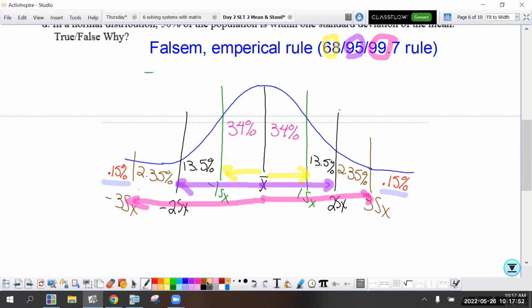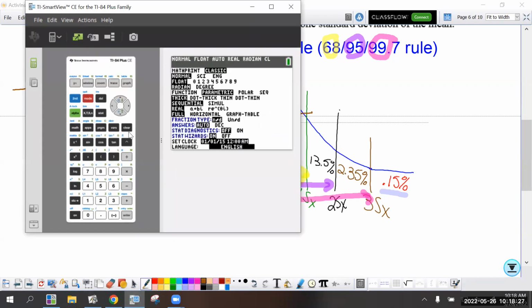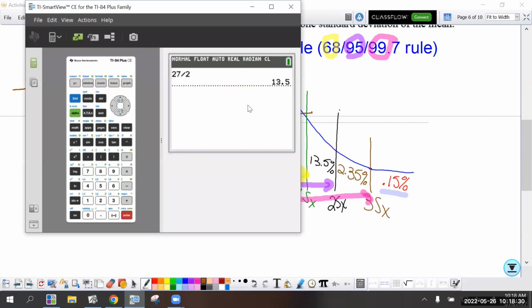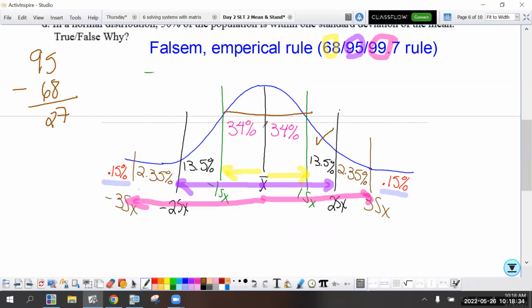So for example, let me get a different color in my pen. That 68% is on either side of the mean here. So how much percent is left is 27%. So 27%, if I divide that by 2, that's that 13.5% for here and here. It's saying between these two standard deviations is 95% of the data.